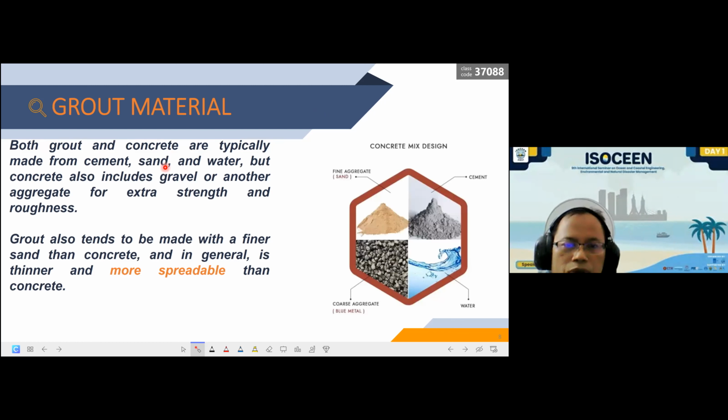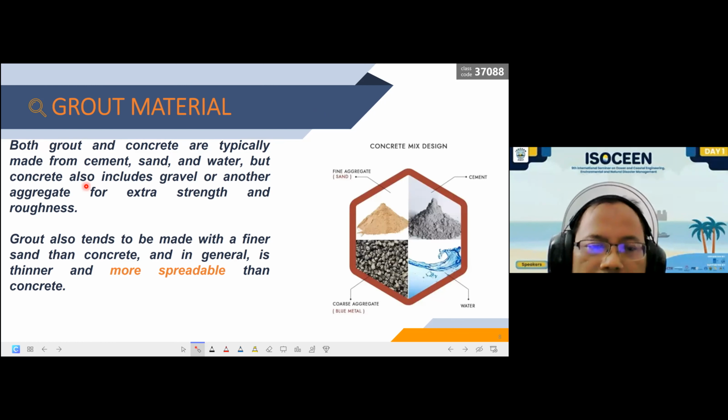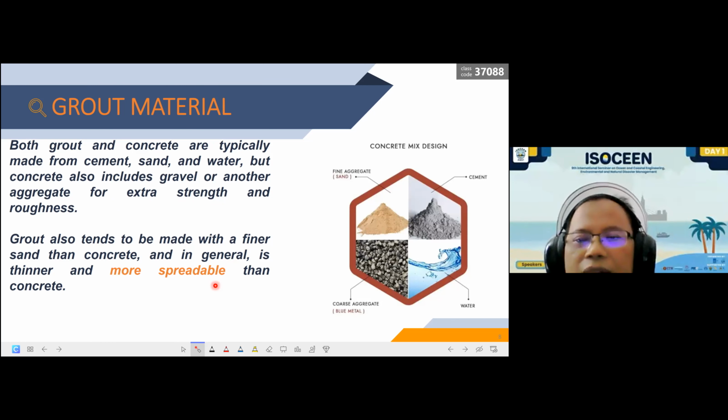What is the grout material? Both grout and concrete are typically made from cement, sand, and water, but concrete also includes gravel and other aggregate for extra strength and roughness. Grout also tends to be made with a finer sand than concrete, and in general is thinner and more spreadable than concrete.